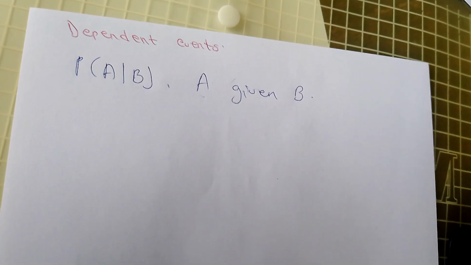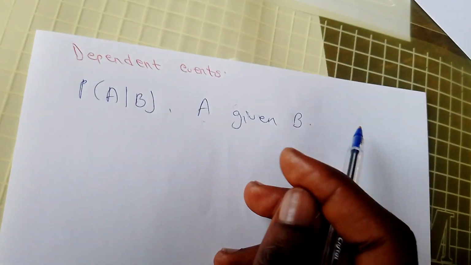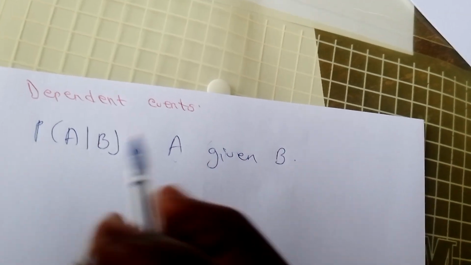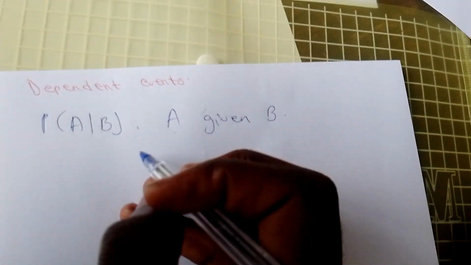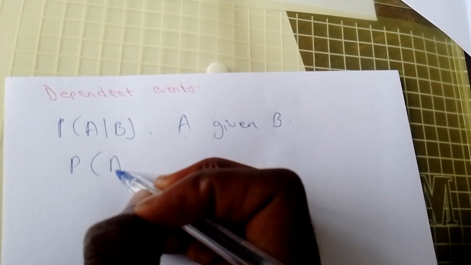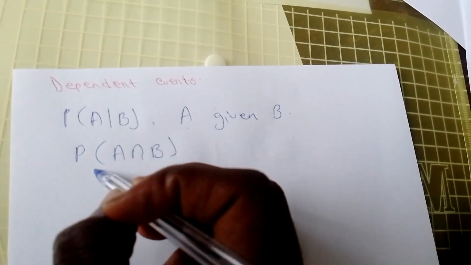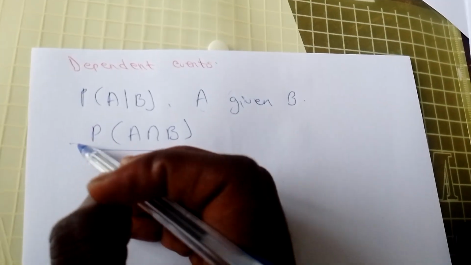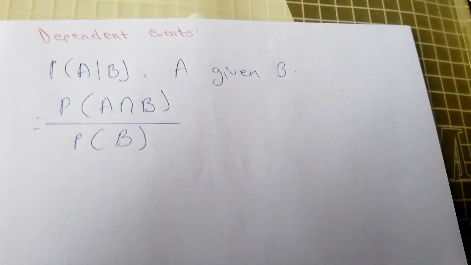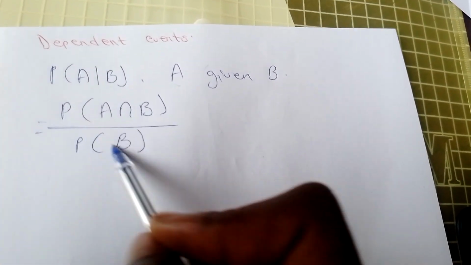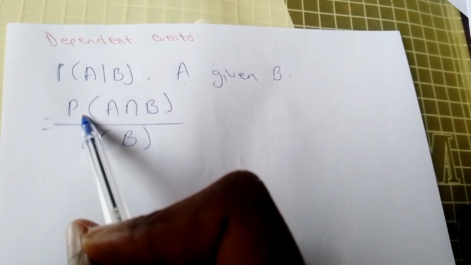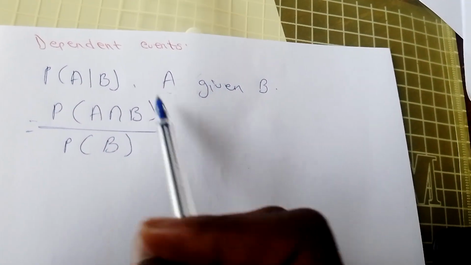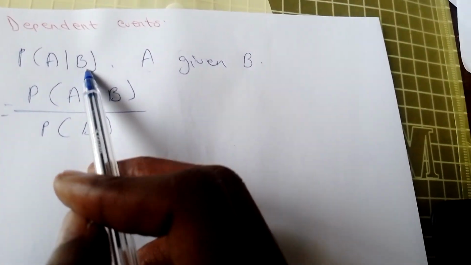So we have a general formula for it. For something like this, we'll have probability of A intersection B all over probability of B. This means the intersection, the probability that A and B happen, all divided by the probability of B, will give us the probability that A will happen given that B has already occurred.